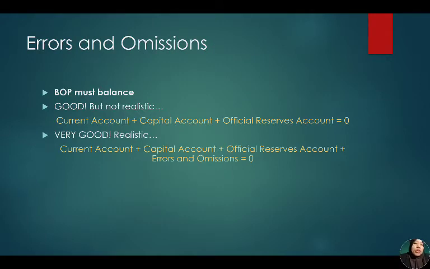The last component of the BOP is errors and omissions. The BOP must balance, but it is almost impossible to balance it. So the rule is that current account plus capital account plus official reserve account plus errors and omissions is equal to 0.